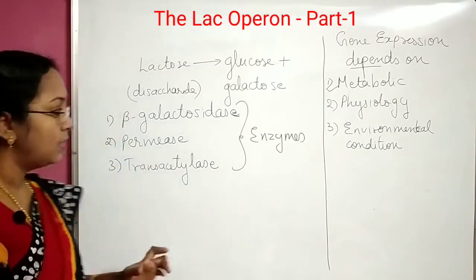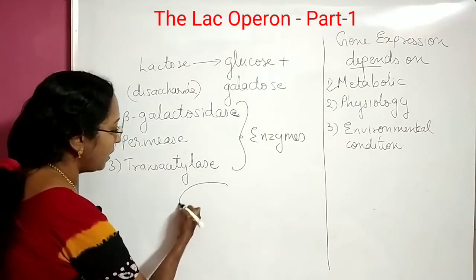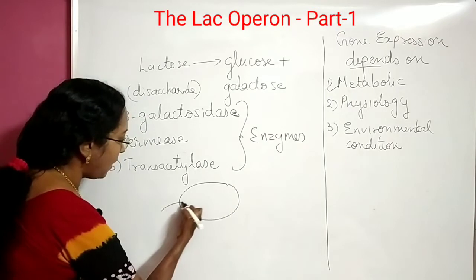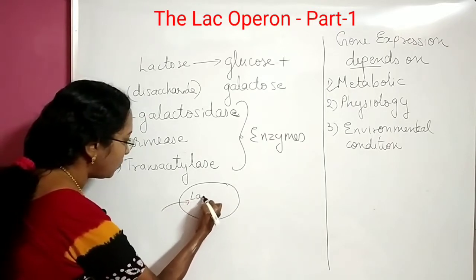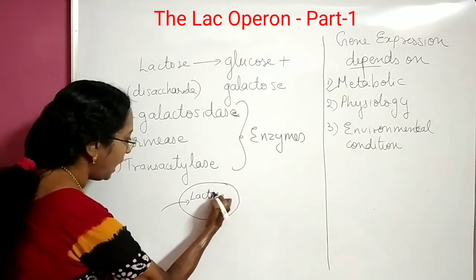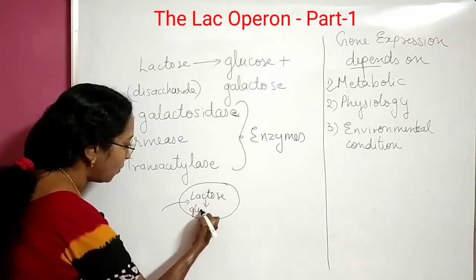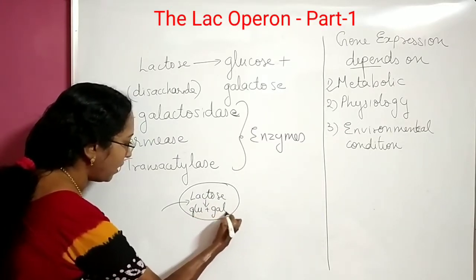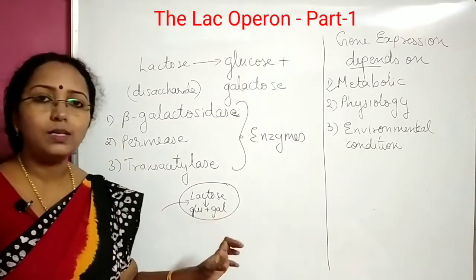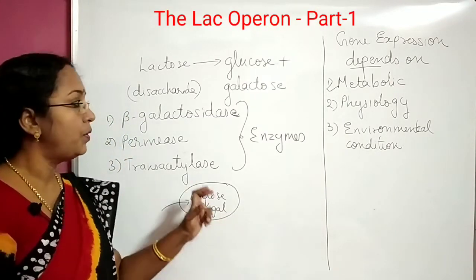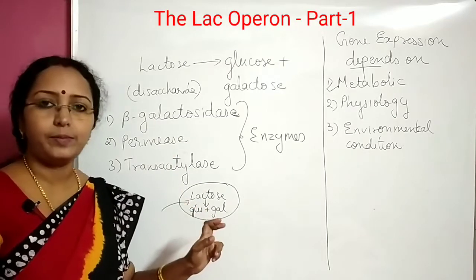That means if you have a cell and inside this cell lactose is present, and if this lactose has to be converted to glucose and galactose, this one cell has to produce these 3 enzymes.